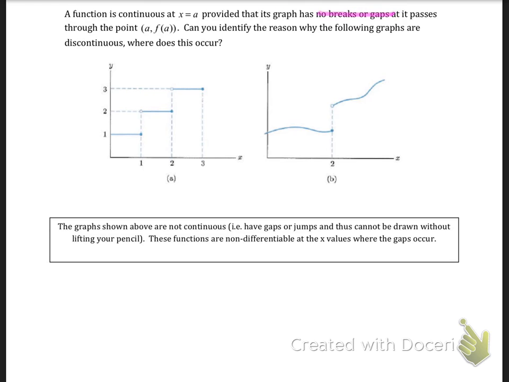Can you identify the reasons why the following graphs are discontinuous, and where this occurs? They're discontinuous because if I were to take my pencil and try to trace them, a gap or a jump will occur. If I wanted to circle the values where we have discontinuity, it would be right here at 1 and right here at 2 for the first graph, and right here at 2 for my second graph.